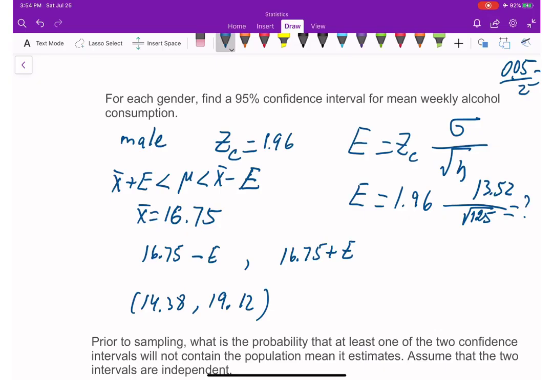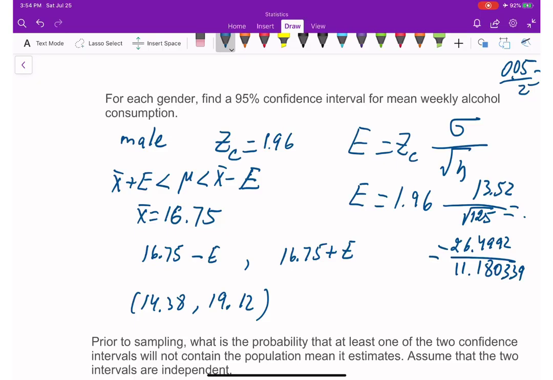So let me see what we are going to get, and I'm going to count out loud. 1.96 times 13.52, that is equal to 26.4992. I'm going to write it down, over the square root of 125, over 11.180339.